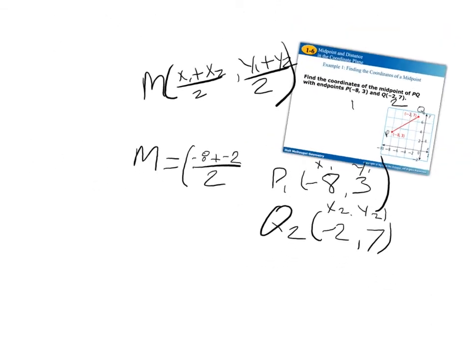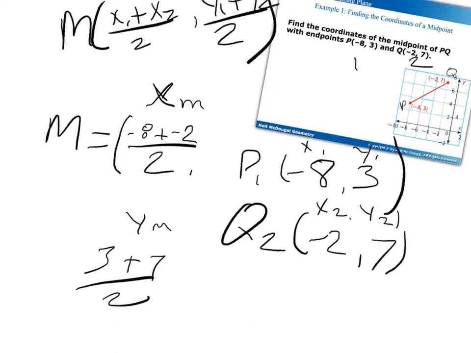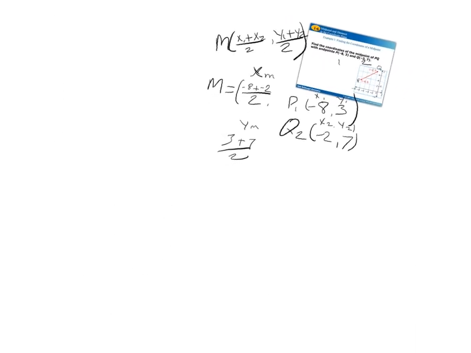This is getting kind of in the way, so I'll have to rewrite this somewhere. Okay, so down here, we'll call this xm for midpoint. Since I'm running out of room, I'm going to do ym down here. ym is going to be y1, which is 3, plus y2, which is 7, divided by 2. So let me go ahead and shrink this down, and I'll rewrite this all as 1.